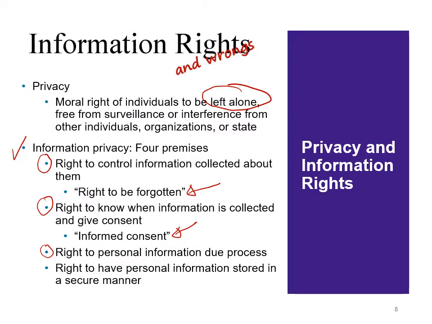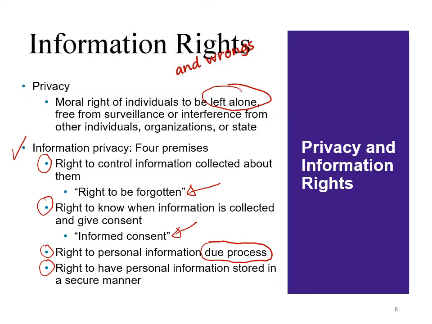The right to personal information due process. Whatever dispute happens, as I already mentioned, due process means escalate. So the consumer can escalate whatever dispute to a higher authority to judge what is wrong, what is right. And the last one, the consumer also has the right to know whether the e-commerce store keeps their personal information in a secure manner.